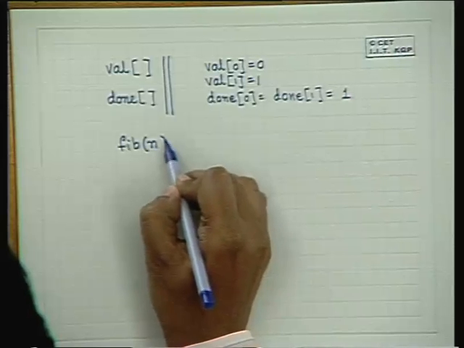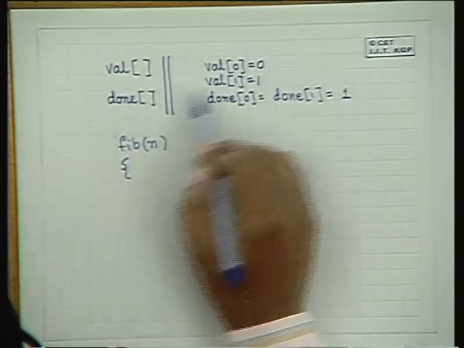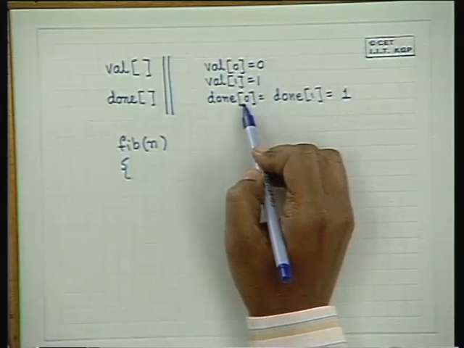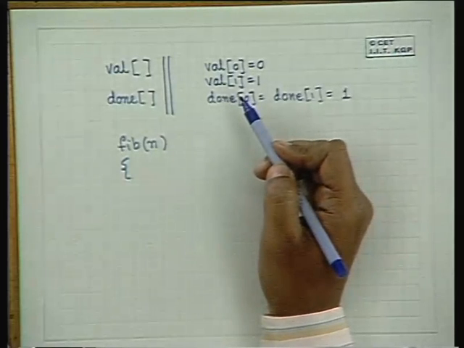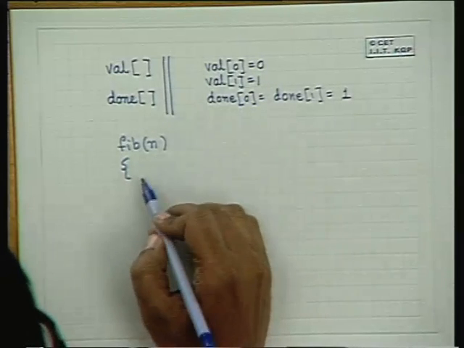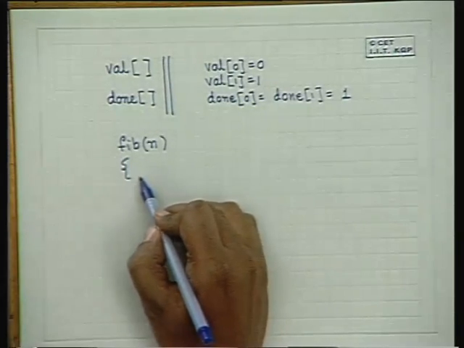Fib n. We need not bother about these base conditions anymore, but even if you bother about the base conditions, it does not matter. Can anybody now tell me how we will solve this problem?